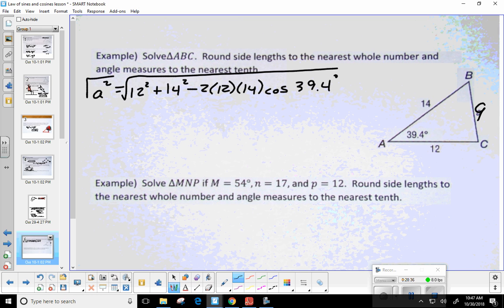Now, let me ask you a question. We have a pair. I can use the law of sines. But there's probably one angle that I don't want to use that with. Would it be angle B or C? Why C? See, here's the thing. I now know the 3 side lengths of the triangle, so I know that C is going to be the largest angle, right? It could be obtuse. It could be acute, but we don't know.